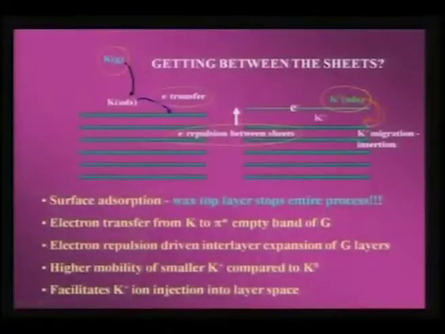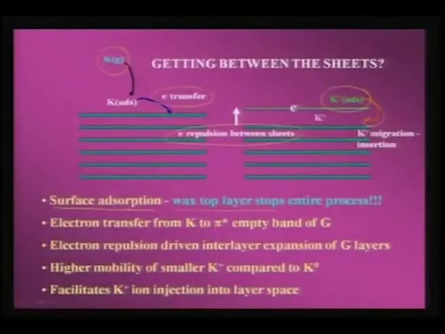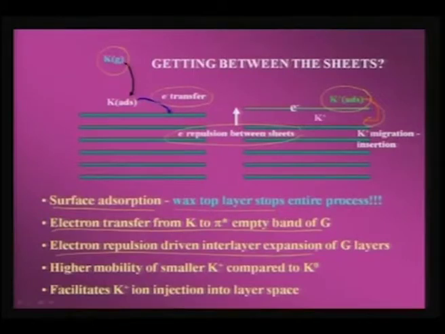For example, with surface adsorption, sometimes this waxy top layer can hinder the whole process. But if you selectively do the adsorption, then that transforms to electron transfer from potassium to the pi star empty band of graphite, and then electron repulsion between the interlayers leads to expansion of the graphitic layers.